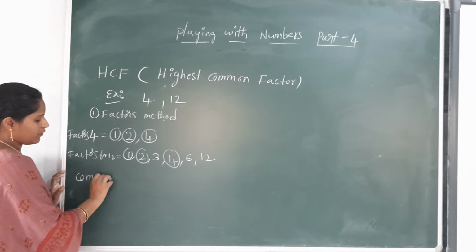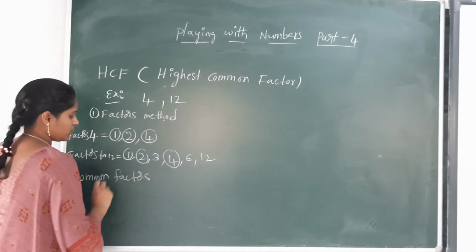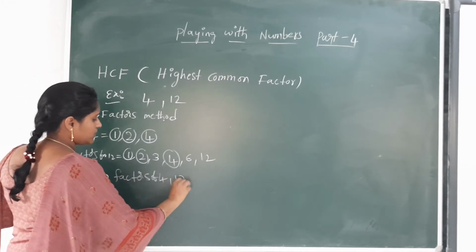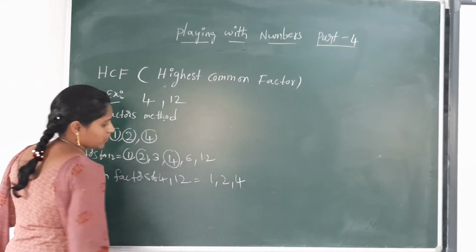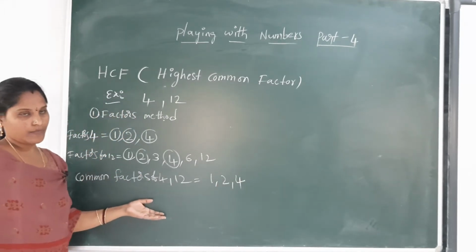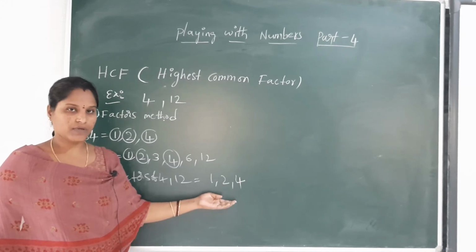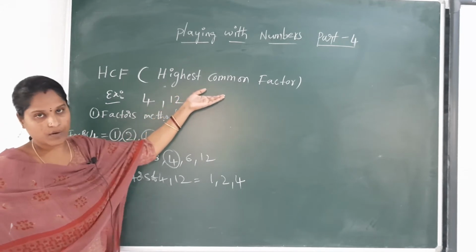We have to write what those common factors are. Common factors of 4 and 12 are 1, 2 and 4. Here we have only 3 common factors. From these 3 common factors, which is the highest one? That is the HCF, because HCF means highest common factor.